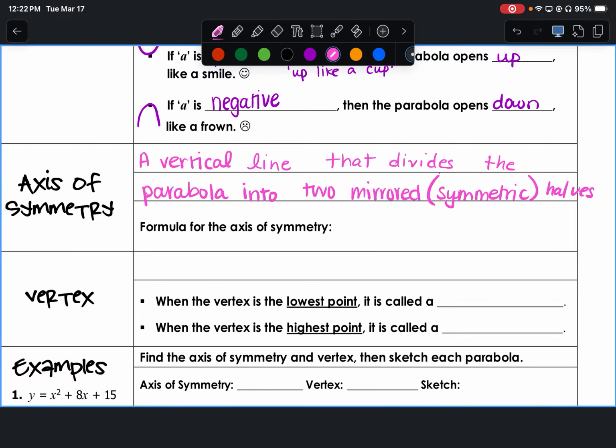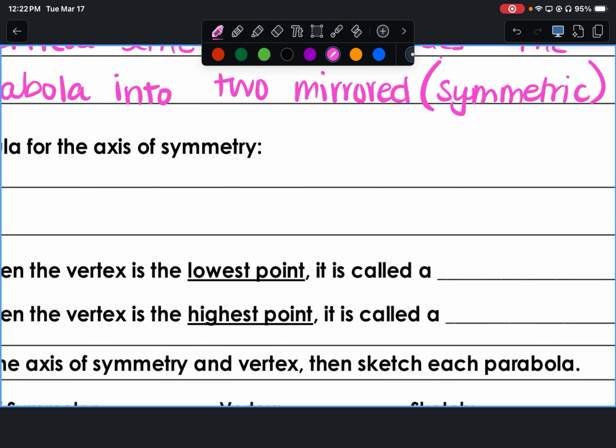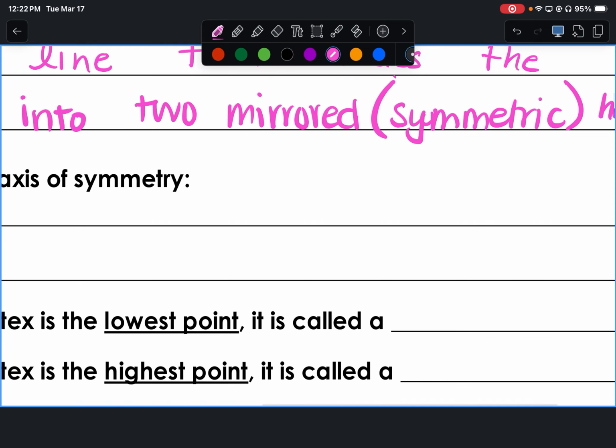Now, to find that, we have to use our A and B. So there is a formula for that. And the formula for axis of symmetry is x is equal to negative b divided by 2a. We are going to use parentheses anytime we are plugging something in, okay?